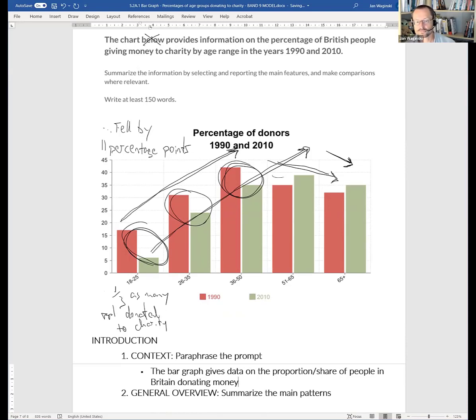So what about the other information? In the year 1990 and 2010. So we have to write that. Ages, different ages. In different age groups. By age range is the same as in different age groups.